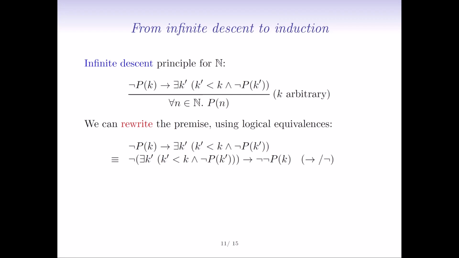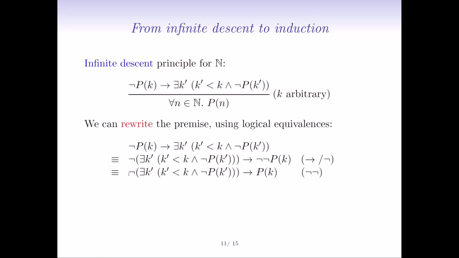So that's just by somehow inverting the implication. Next, we can eliminate the double negation from the right hand side just using the fact that not not A is equivalent to A propositionally. And now let's look at the left hand side.